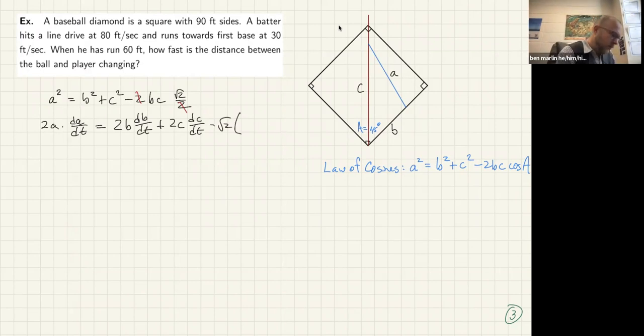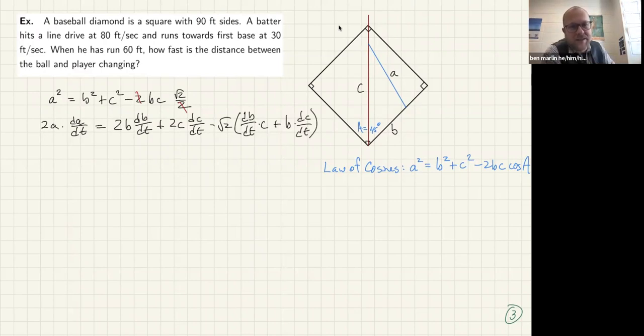And now we've got b and c, so we have to use a product rule. We'll have dB dt, leave C alone, plus B left alone times dC dt, right?